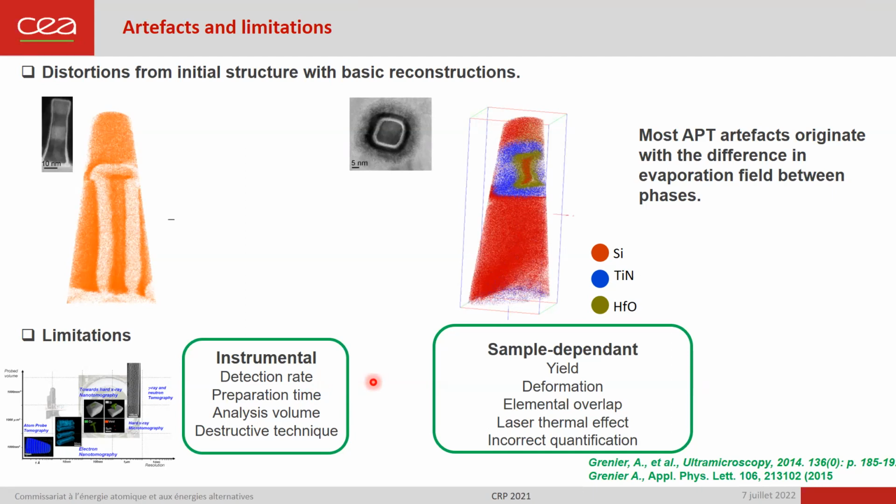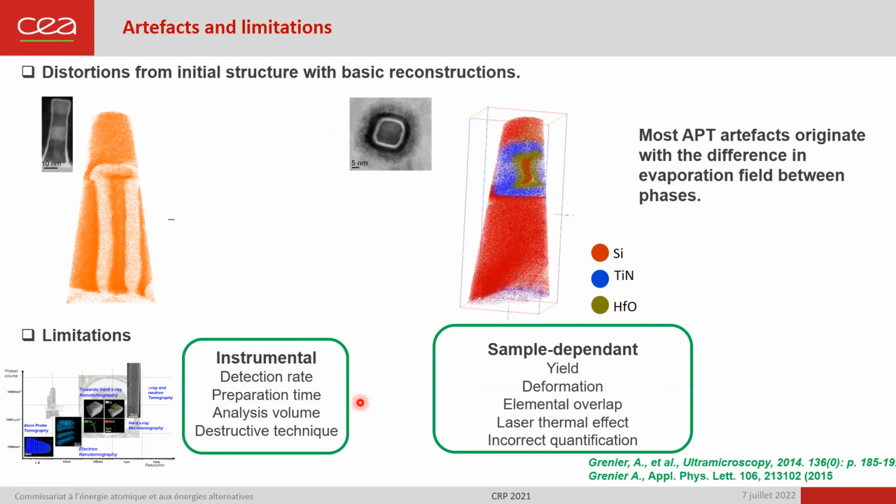As an example, the APT which is set up at CEA Grenoble has a detection rate around 60%. The preparation time could be time consuming. It depends on your sample. It can be between, let's say, 2 hours and 1 day.